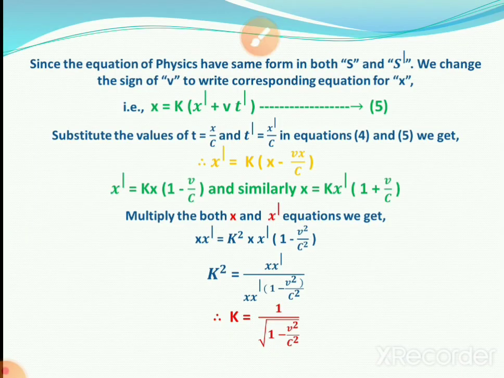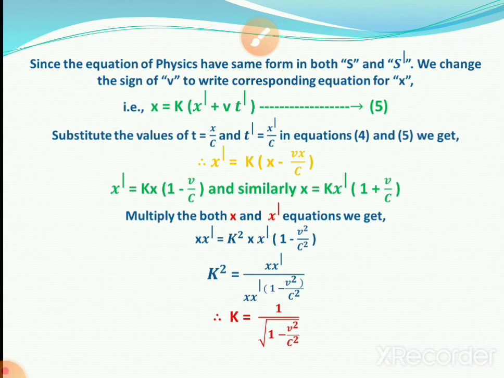This is equation number 4. Since the equations of physics have the same form in both S and S dash, we can change the sign of v to write the corresponding equation for x. That is, x is equal to k into x dash plus vt dash. This is equation number 5.